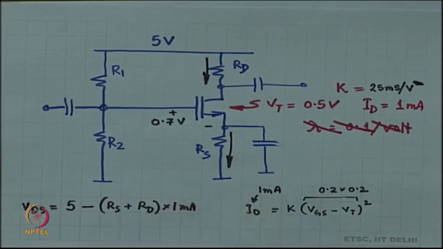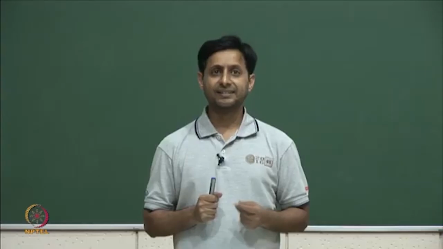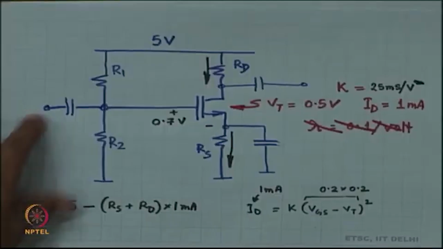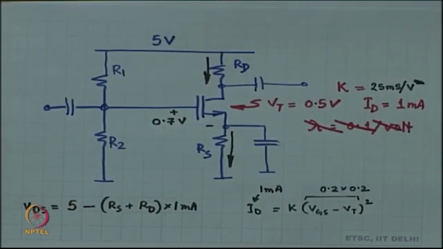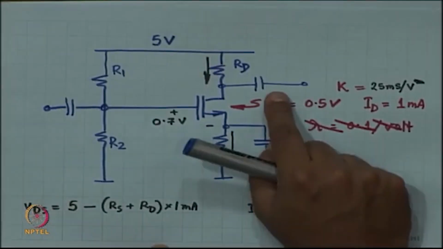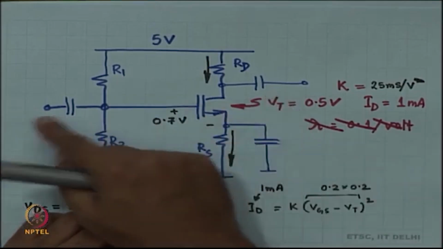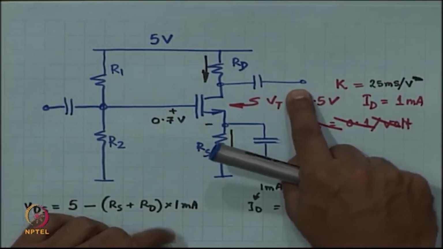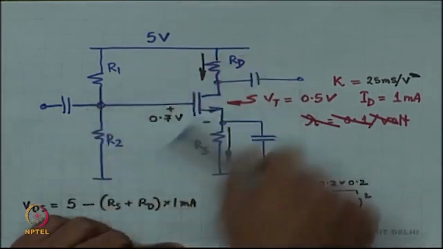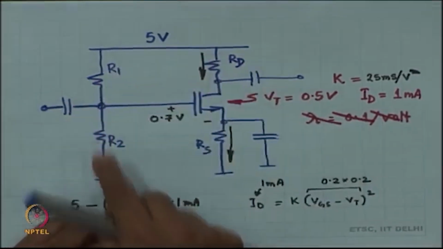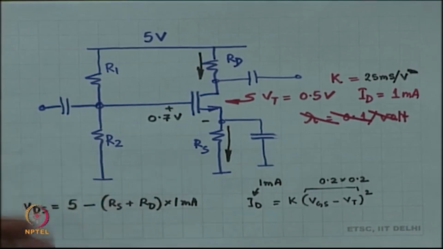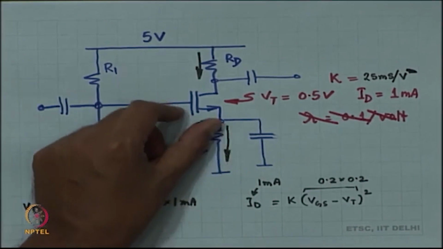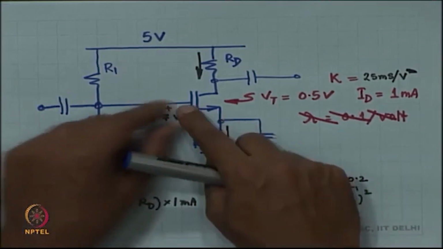So, next what we are going to do is, we are going to say that the input is going to oscillate. If I have a sine wave at the input, I will have an inverted sine wave at the output, because the gain of this amplifier is minus GM times RD.